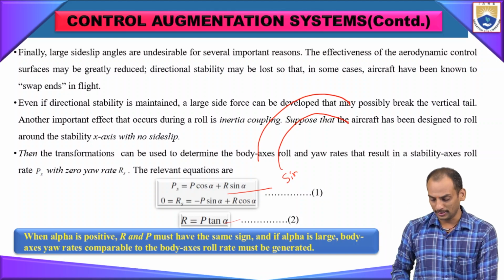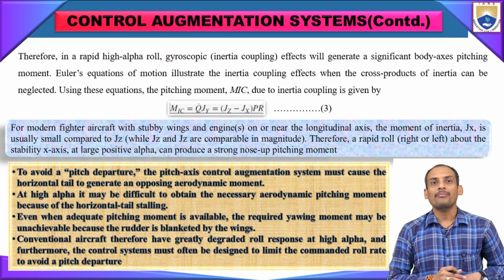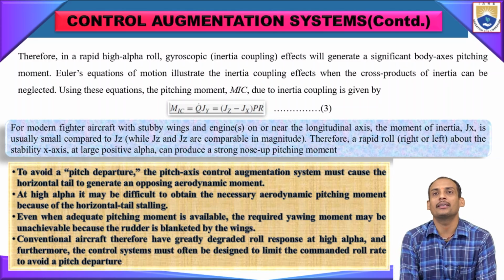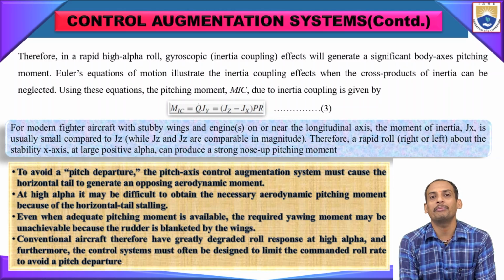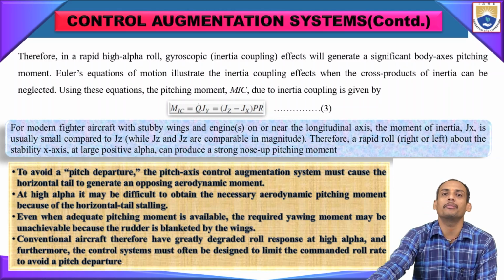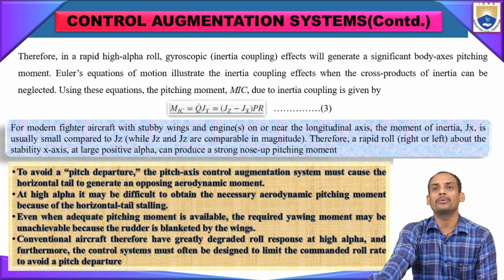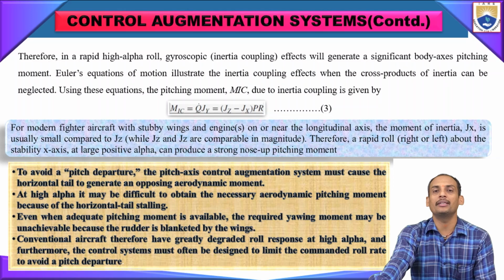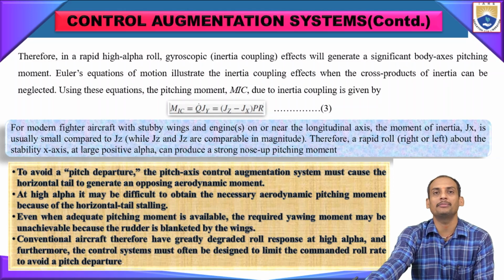So therefore, in a rapid high-alpha roll with gyroscopic inertia, the pitching and yawing moment coupling modes come into play. That will generate a significant body axis pitching moment.